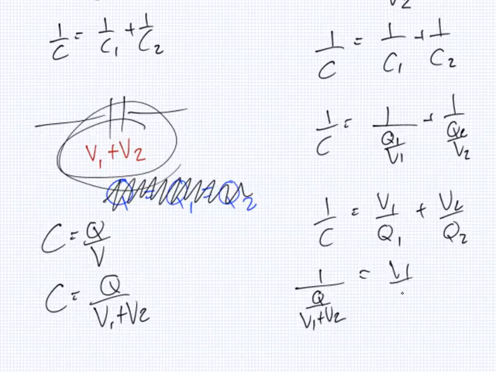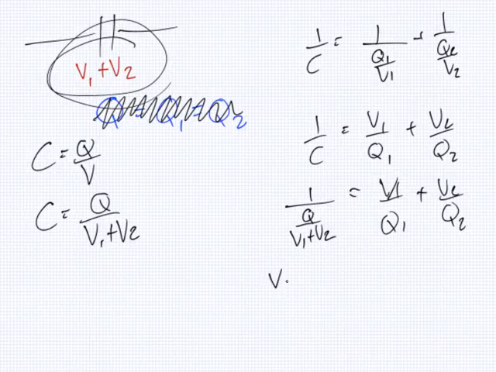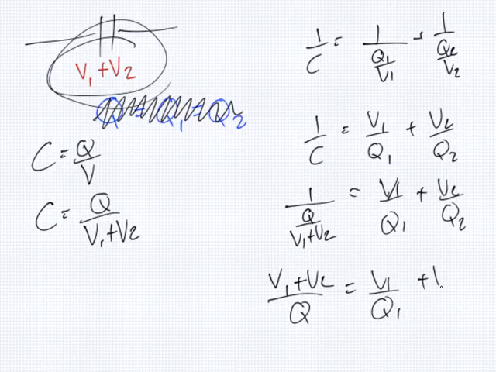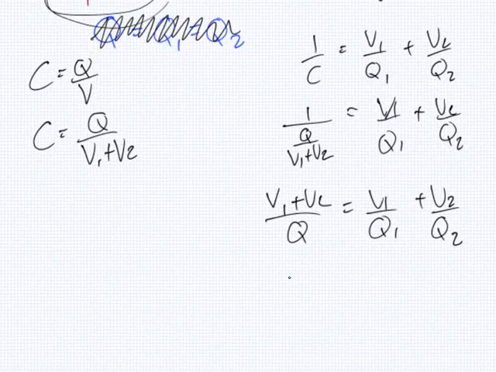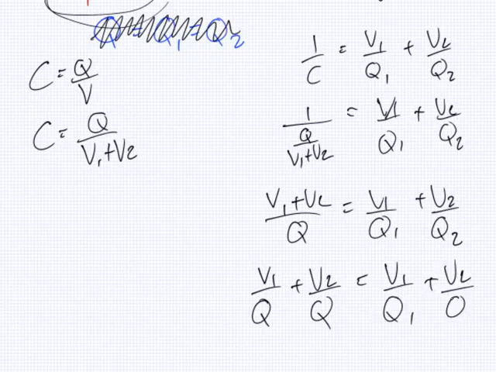That's equal to V1 over Q1 plus V2 over Q2. No, actually I think it'll be okay. V1 plus V2 over Q equals V1 over Q1 plus V2 over Q2. So we have V1 over Q plus V2 over Q equals V1 over Q1 plus V2 over Q2.